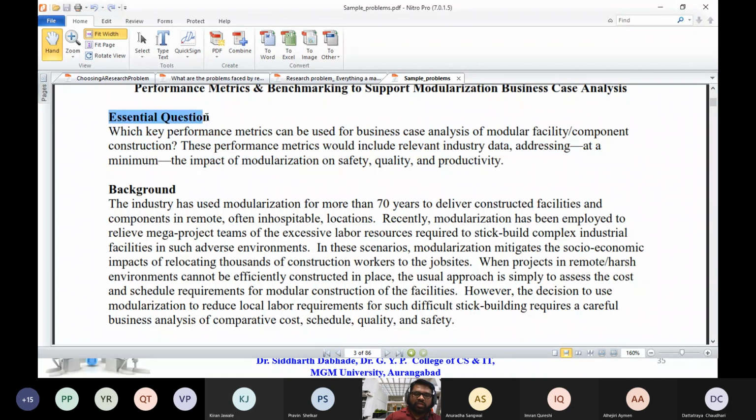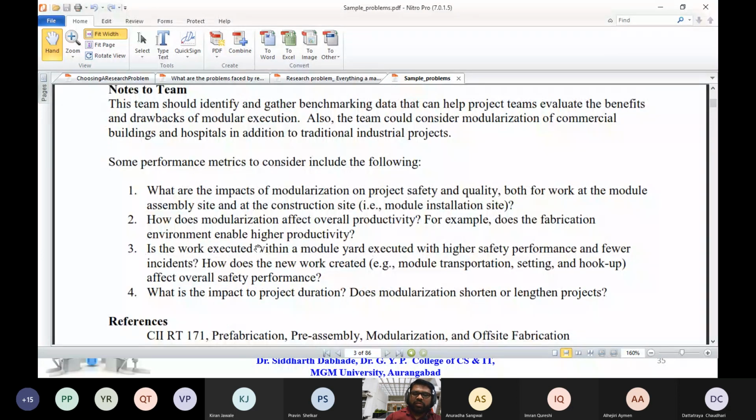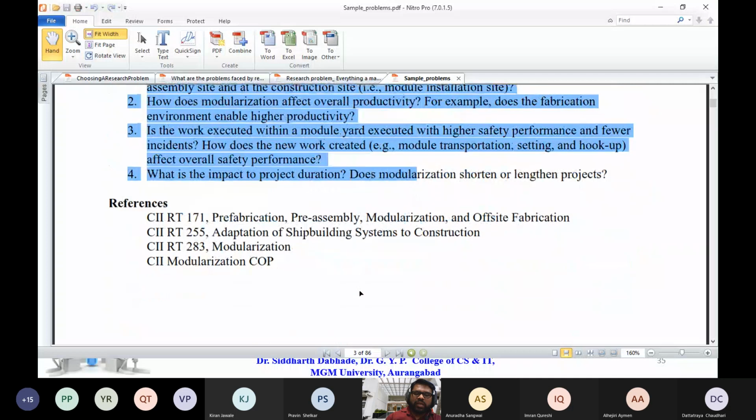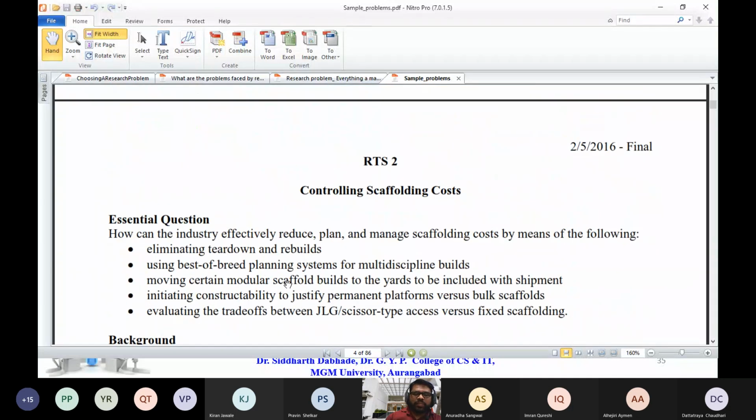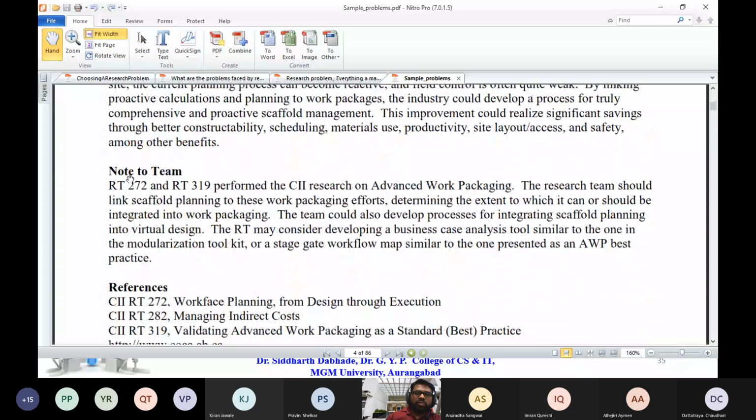So the essential questions are required, then certain backgrounds, and what new terms you are going to note. These are some important points you will do in future. In this manner you need to write, same things with references: essential questions, background, note terms.